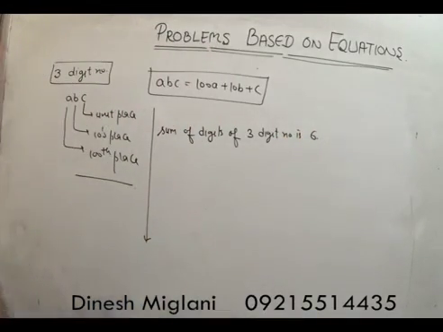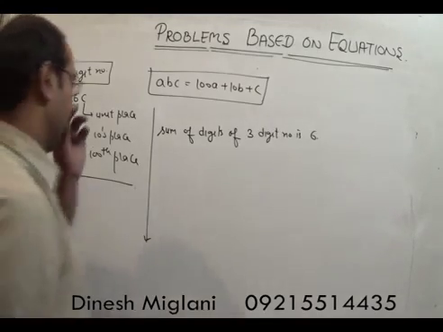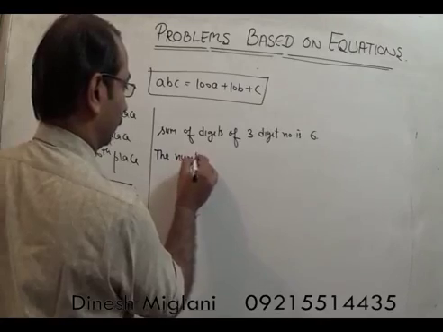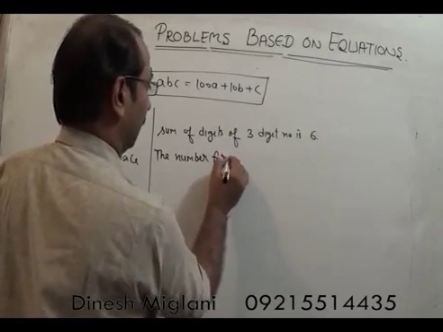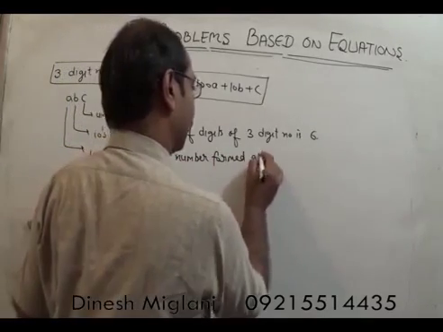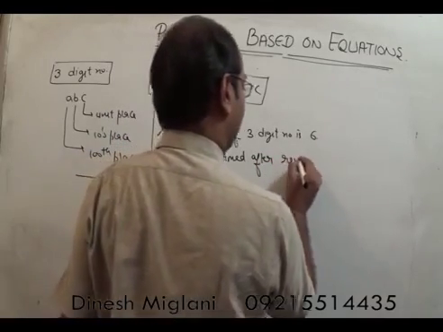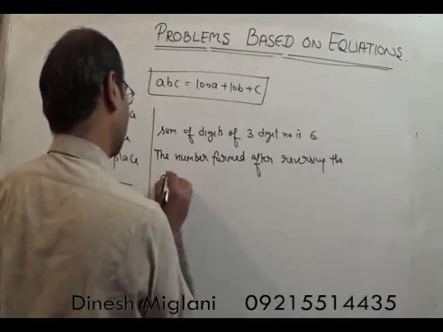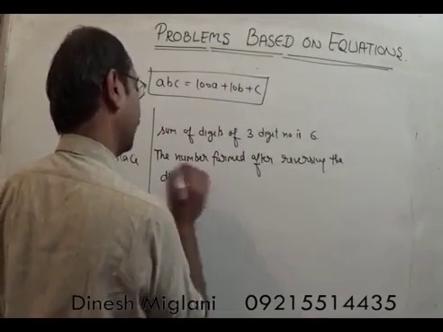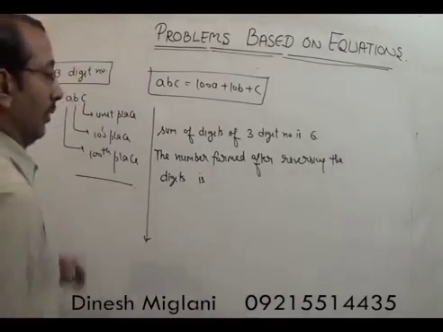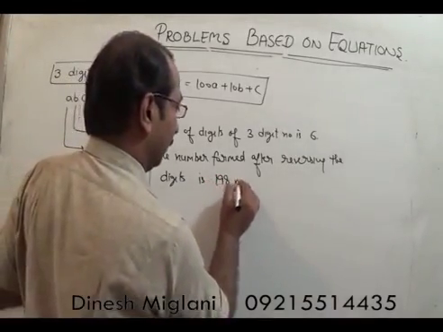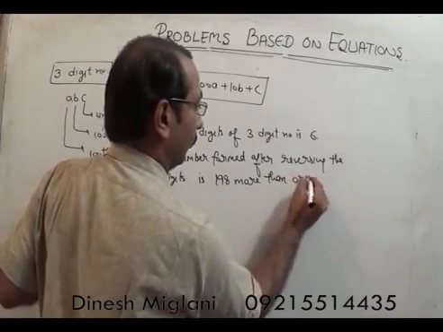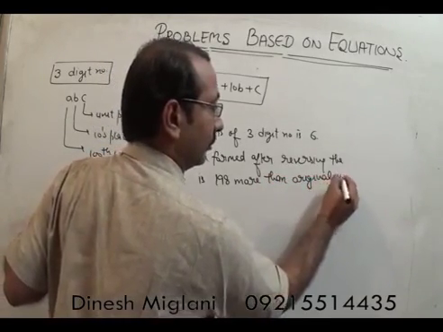The second condition is the number formed after reversing the digits is 198 more than the original number.